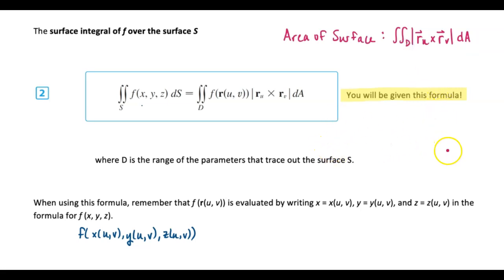And that's all we're saying on the last slide, is if f of r of u and v is equal to 1, then we get that surface area that we learned about last week. So now it's just like the formula for surface area using that double integral, but now we just have an additional function inside of this integrand. So we're going to see some of the same techniques that we used last week. So let's do an example of this.